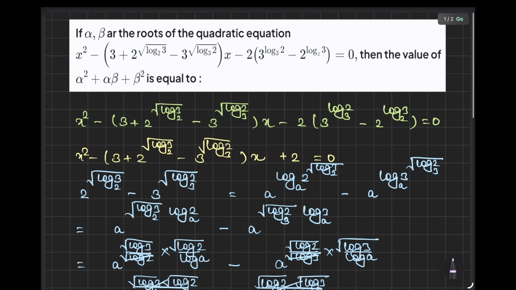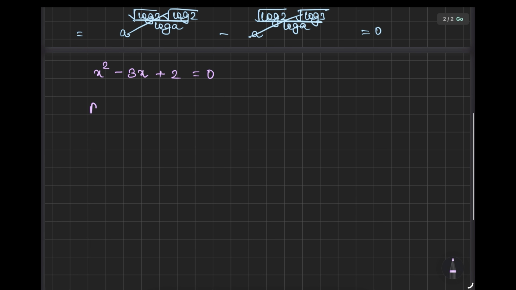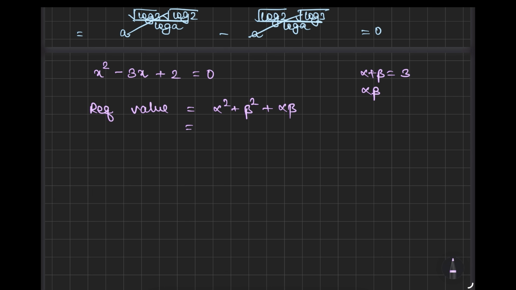Now look at this, we have to calculate alpha square plus beta square plus alpha beta. We know the sum of zeros, alpha plus beta, is 3. We know alpha beta as 2. Alpha plus beta is minus b by a. Alpha beta is c by a.